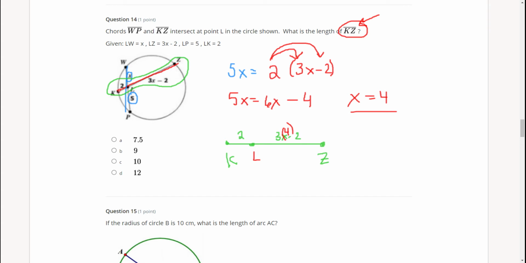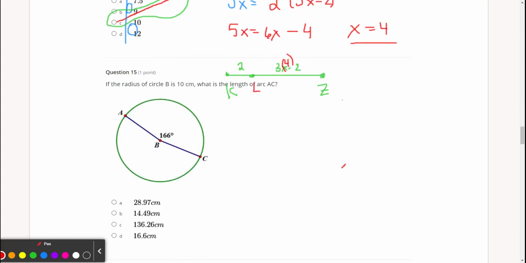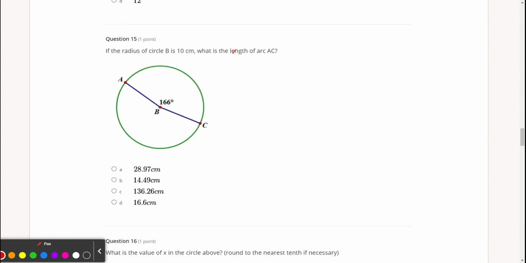So you already did 15, now 16. We need length, so that's circumference. So 166 divided by 360 times pi. The radius is 10, so pi times 20, or 2 pi r.